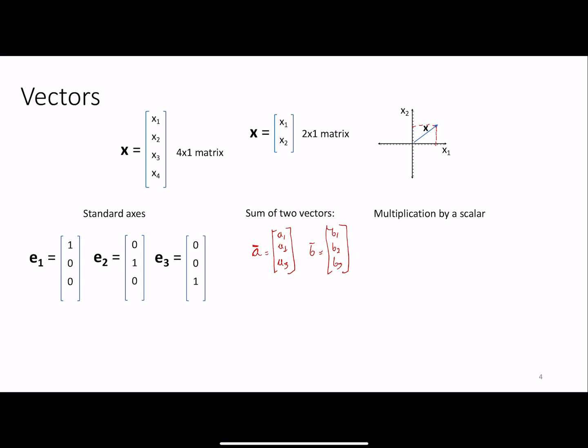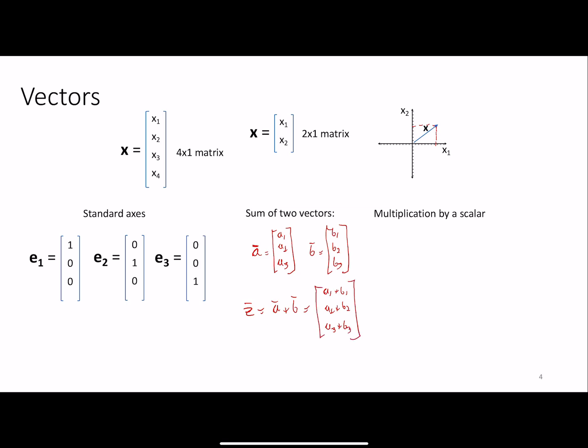Let's call the vector z equal to a plus b. And all we have to do is add these individual entries. So I'm going to write the elements of the vector z as a1 plus b1, a2 plus b2, and a3 plus b3. And that's our new vector z.